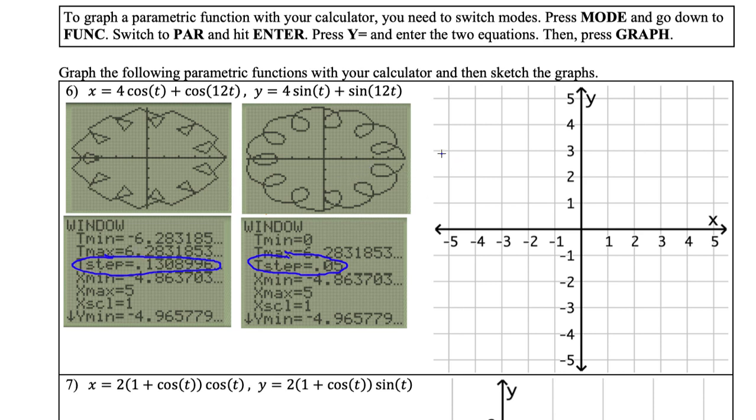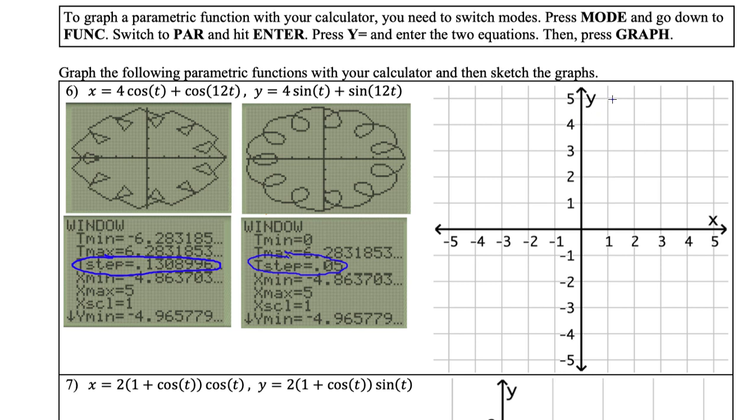So then I have to do my best attempt to sketch this thing. Oh dear gosh, okay. You can see it goes 1, 2, 3, 4, 5, and that's why it goes up to 5, and then 1, 2, 3, 4, 5. So it's actually a perfect circle, and that's one of the reasons I don't like this calculator, because you can't tell that it's symmetric, it has radial symmetry. So how are we going to do this?